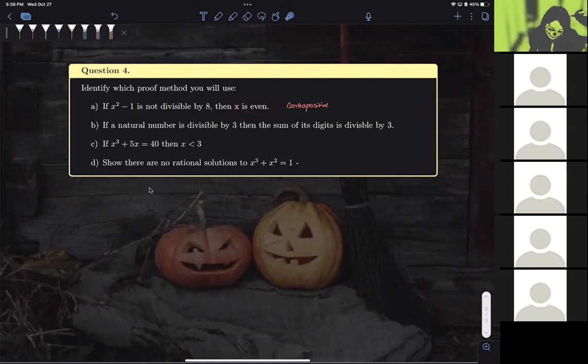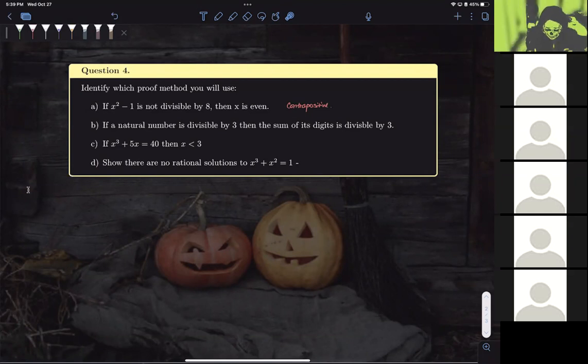B, if a natural number is divisible by 3, then the sum of its digits is divisible by 3. What do we do? No, you don't need to do that.